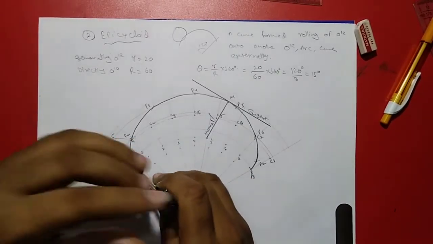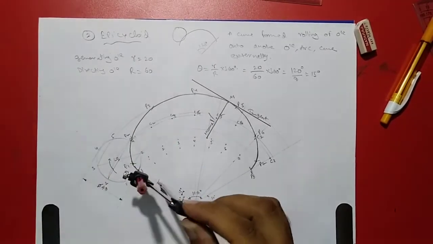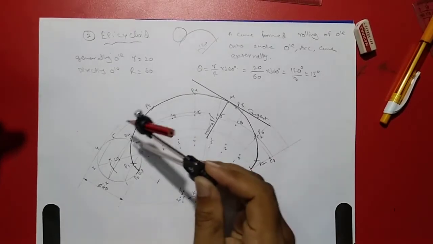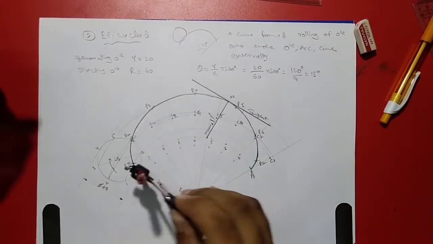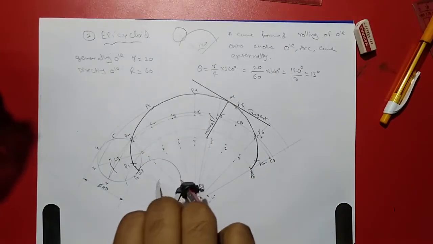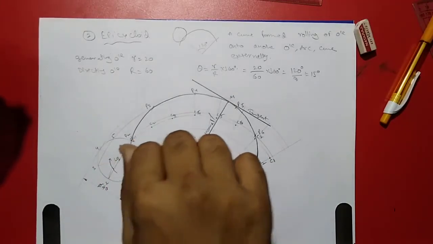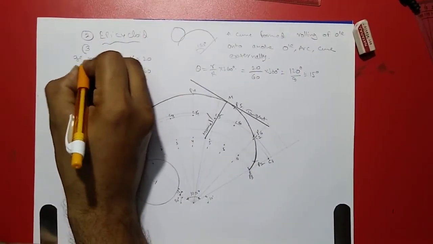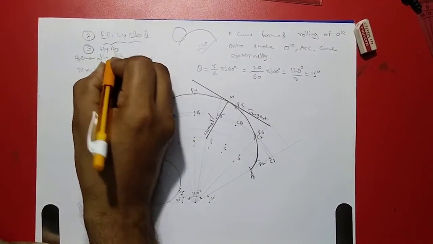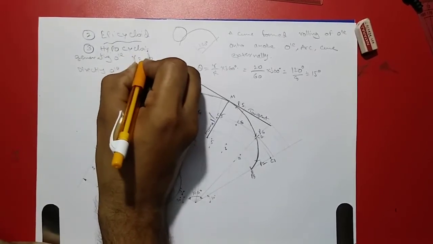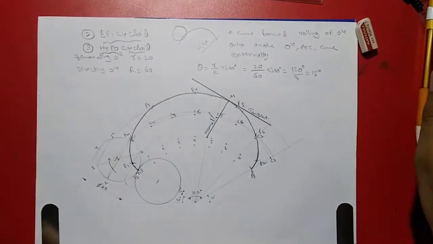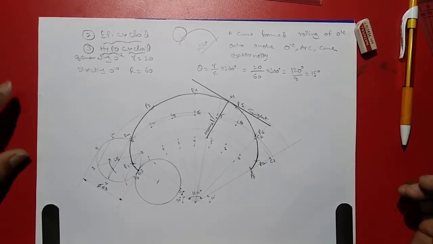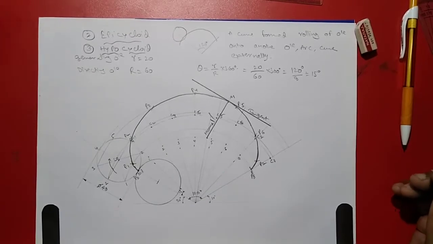And there is one beauty of this. If you combine epicycloid and hypocycloid, you can construct an ellipse like this. Sometimes a question may come like this, meaning you have to form an ellipse by using hypocycloid and epicycloid methods.